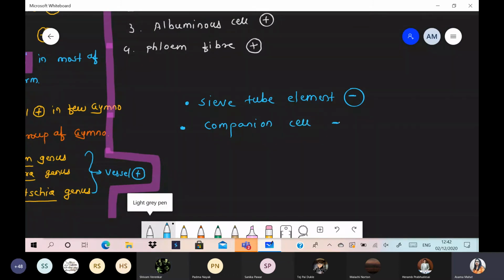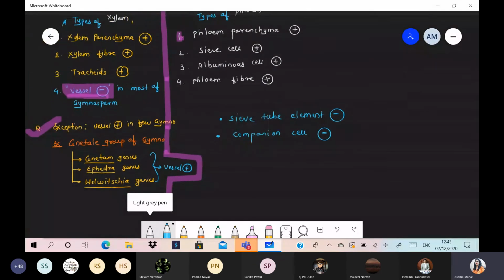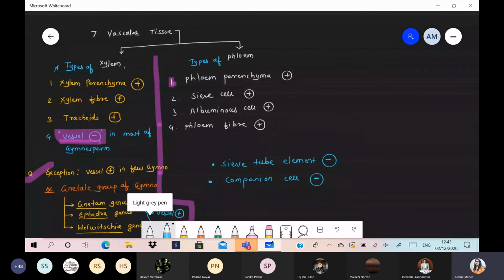Companion cells are also absent. So what is the meaning of sieve tube cells, and what is the meaning of the companion cell? The entire part will start with the anatomy chapter.